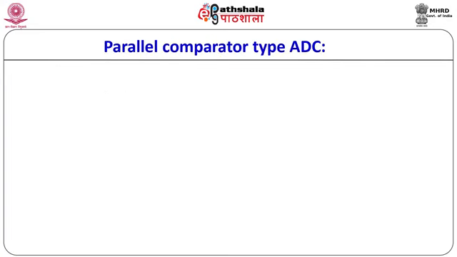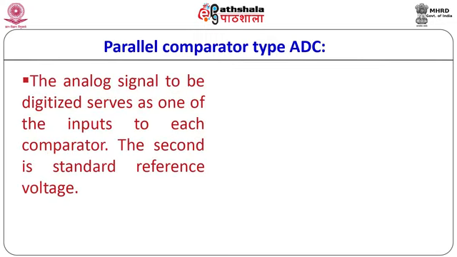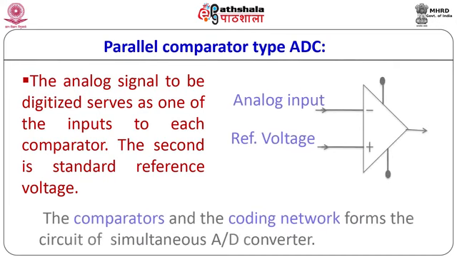In parallel comparator type ADC, the signal which is to be digitized serves as one input to the comparator, and the second is the standard reference voltage. As shown in the figure, an operational amplifier can be used as a comparator, where one input is the analog input and the other input is the reference voltage.